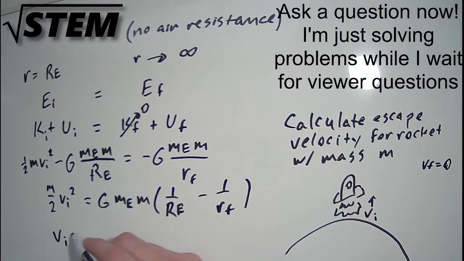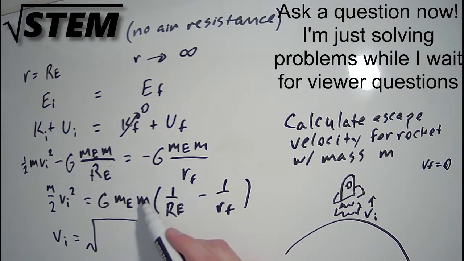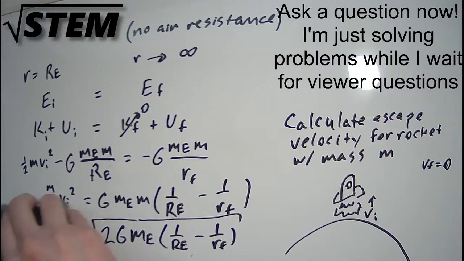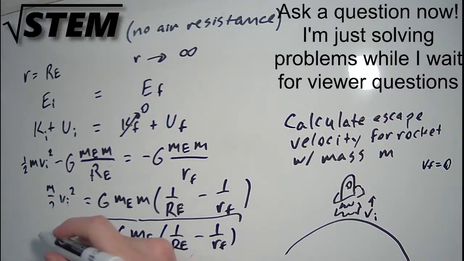So v i is going to be the square root of 2 over the rocket mass, so that's going to cancel out. So we'll have 2G, the mass of the Earth, times 1 over the radius of the Earth minus 1 over the final radius. So we're almost there.